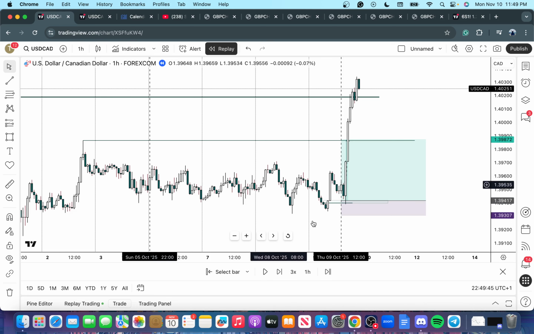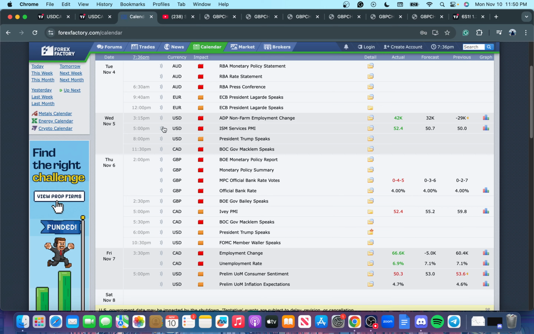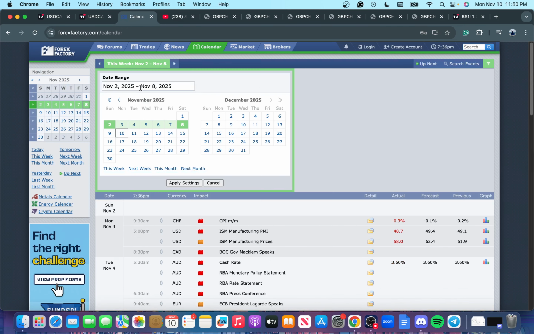So what we're actually going to do here is look at the economic calendar for this specific weekly trading, right? The week starts on 6th of October and ends on 10th of October. So we're going to take a look between 6th of October to 10th.